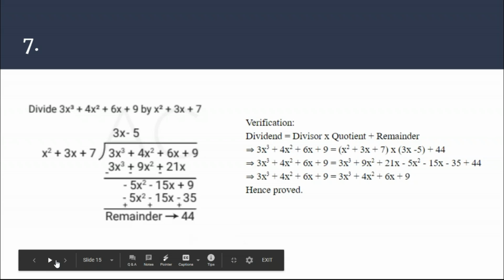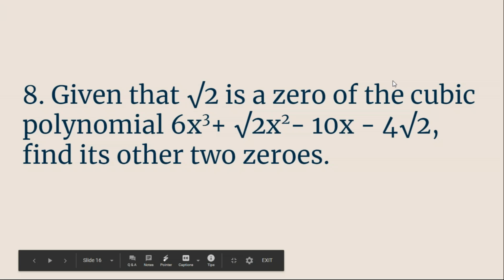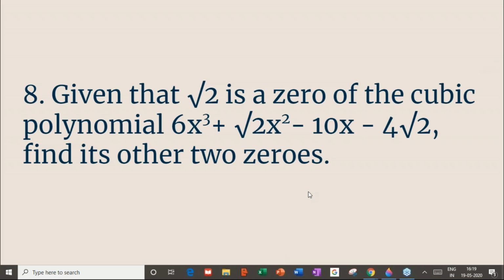Okay, we'll move on to the next question. Given that root 2 is the zero of the cubic polynomial 6x cubed plus root 2 x square minus 10x minus 4 root 2, find its other two zeros. How will you do this? You are given one of the zeros.